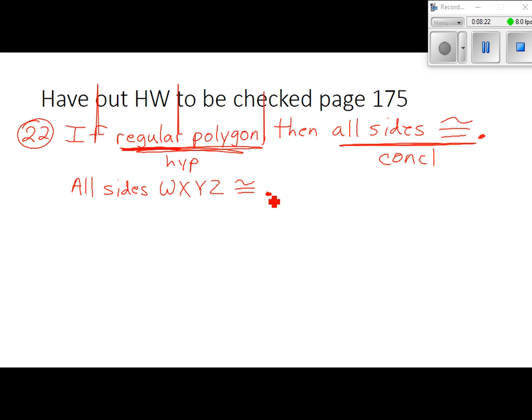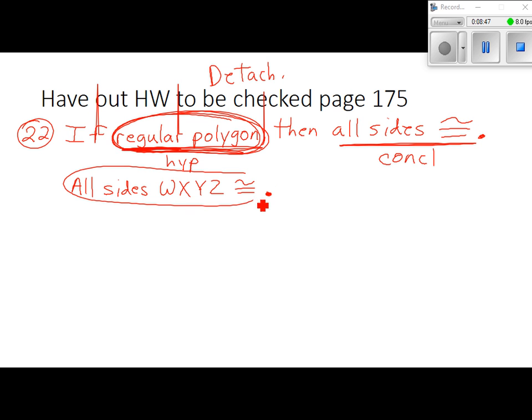So can we use the law of syllogism like we did on the last one? No. So what's the other law? Detachment. Right? I'm not going to spell it all out, but detachment. Remember, with the law of detachment, what has to be true about this hypothesis? It has to be the same as the half statement, right? Those two have to be the same.